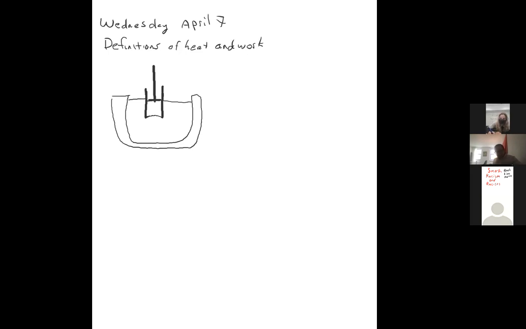This is called a gas cylinder. Okay, it's called a gas cylinder.